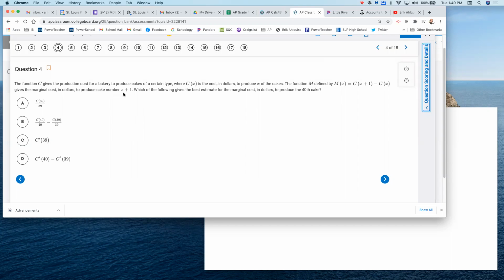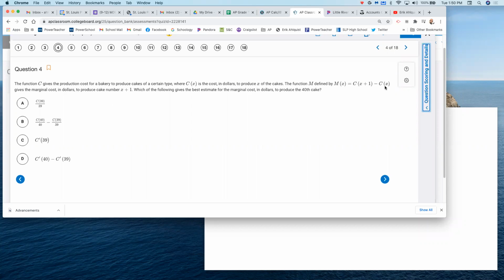So this marginal cost to produce cake number x plus 1 would mean that you take the 40th cake minus the 39th cake. Does that make sense?